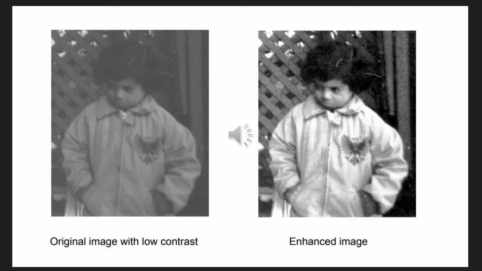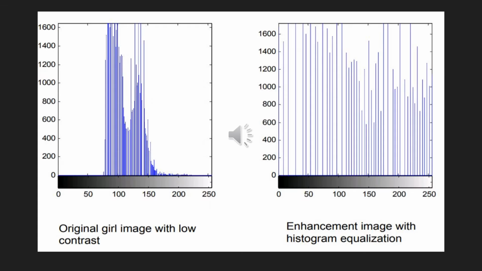Here in this slide, we can see an image with low contrast and an image with high contrast after applying some techniques to the histogram. For the previous slide, the histograms of the images are plotted.